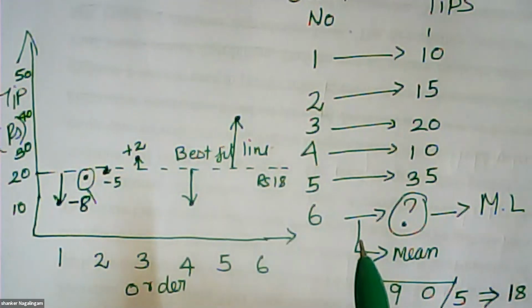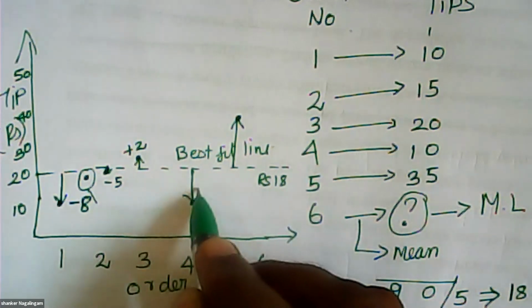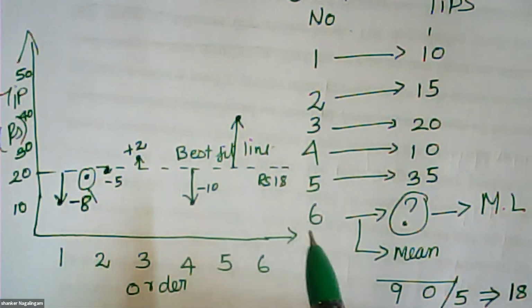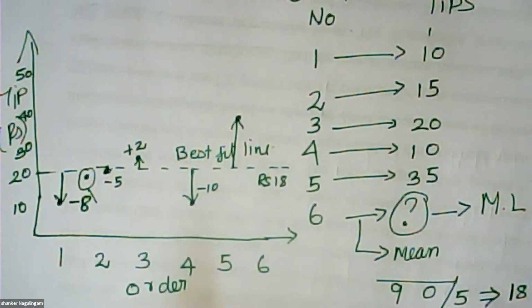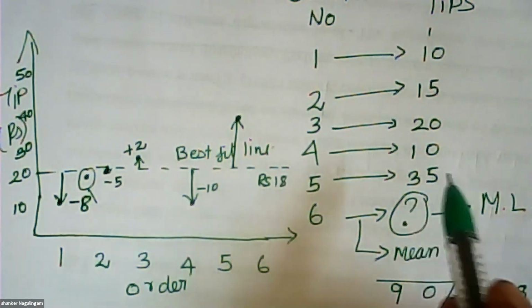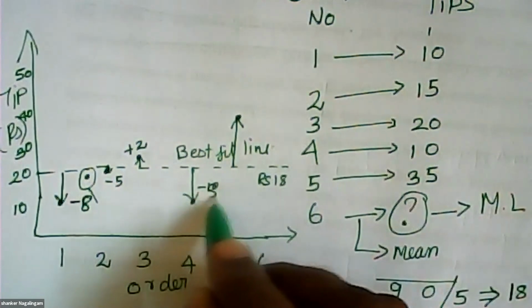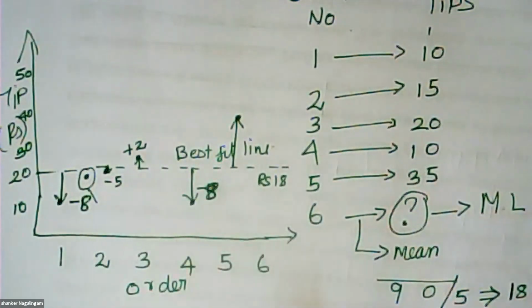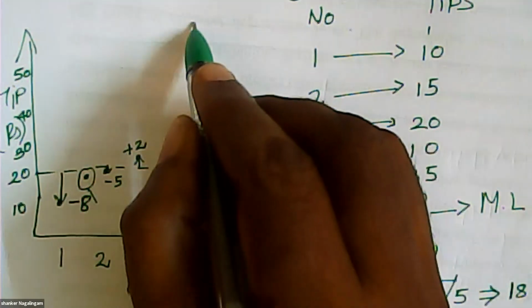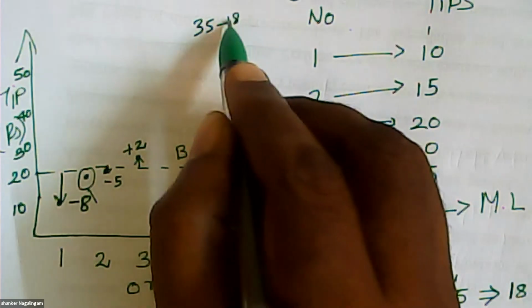And the fourth order, I think I made a mistake. Fourth order will be minus 8. And your fifth order will be 35 minus 18.